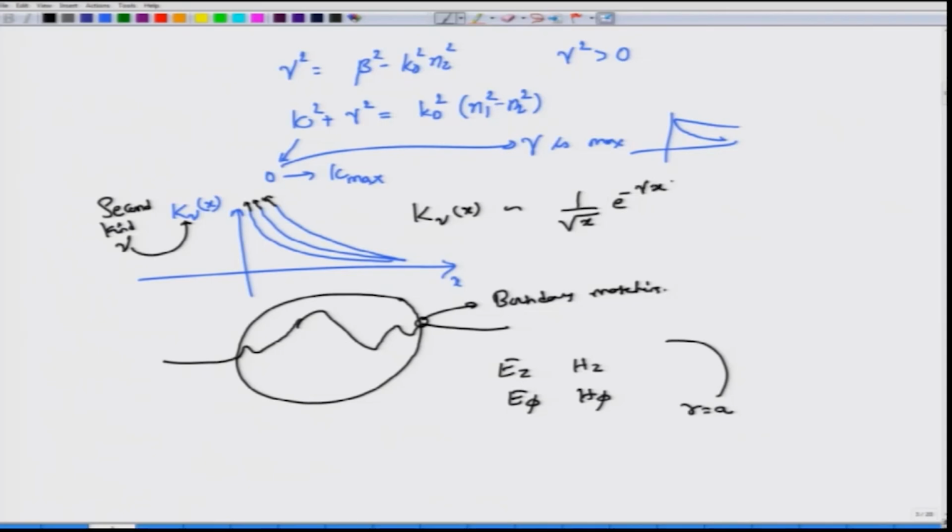This gamma need not be the same gamma, but it could be the same gamma in case you are applying these equations to a fiber. So, you have these 2 types of Bessel functions. Just for the record, there are other categories of Bessel functions, some of which grow like this. These are clearly not allowed solutions. So, we have only Bessel functions of the first kind of order nu and second kind of order nu as the solutions for Ez.